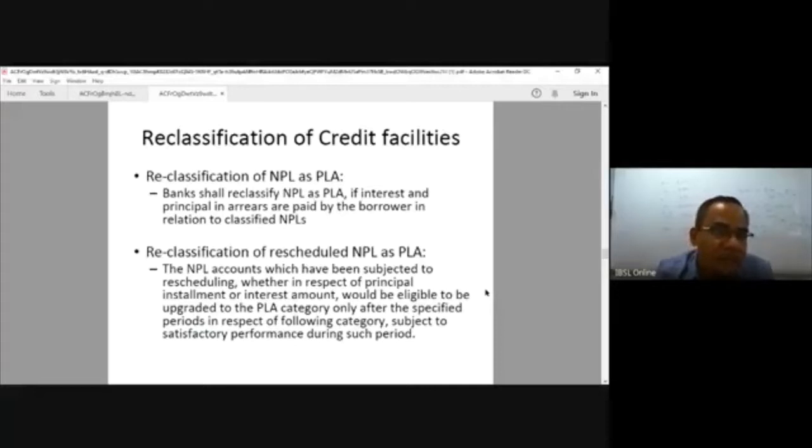Together, whatever interest was to be paid, you total it up and give it as another interest-free loan. Depending on the industry, many options were given in the moratorium guidelines. There are many guidelines given by the central bank over this period from April to December.